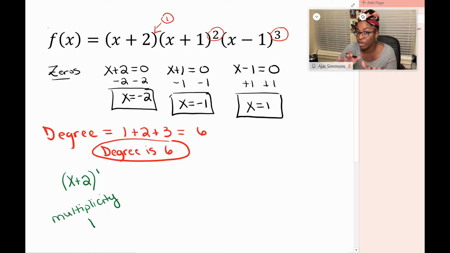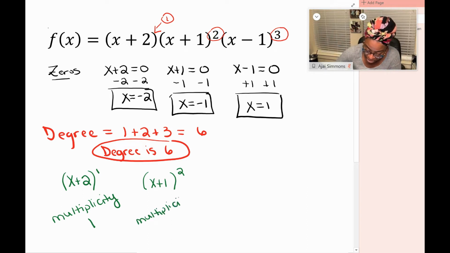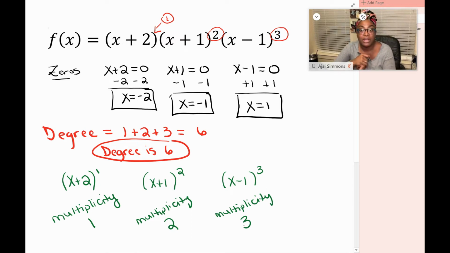This is a new word here, multiplicity. It's basically telling you what the power is of that factor. So on the next one, it was x plus 1, and the power was 2. That's telling you that you have a multiplicity of 2. And then the last one had a power of 3, and the multiplicity would be 3.